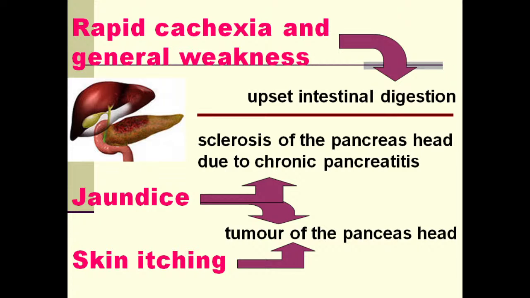Patient cannot sleep. As a result, he cannot adequately work and his life is significantly disturbed. Latent, slowly developed jaundice with skin itching is more characteristic for new growths, tumor of the pancreas head.